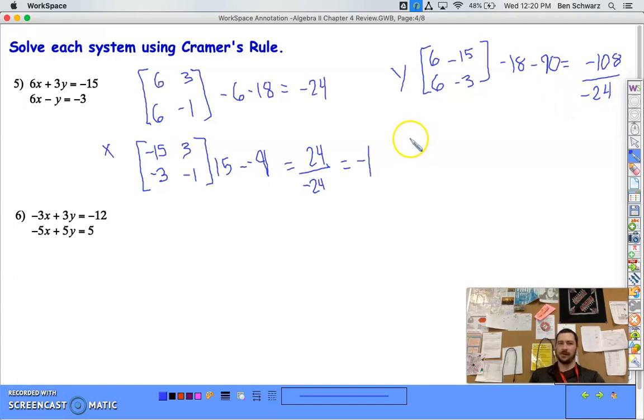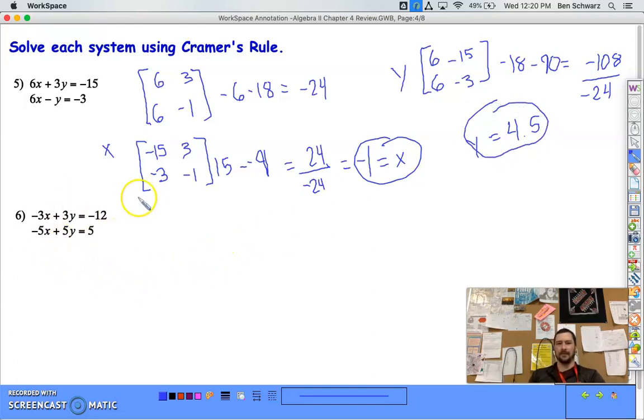Let's see, I should probably grab my calculator. It gives us an answer of 4.5 for y. So here's x, there, and then here is y.